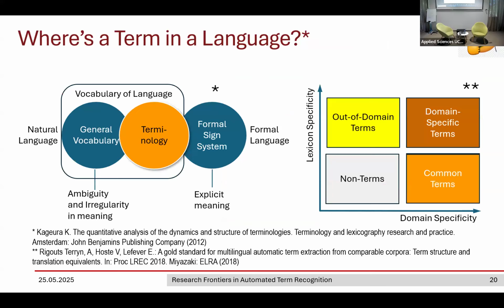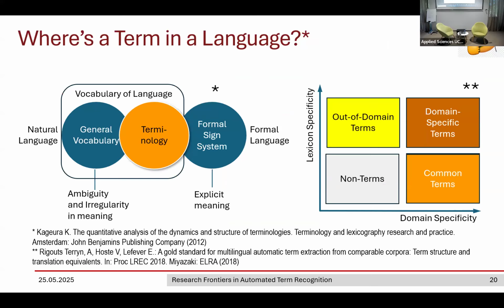So now one more good question is about where is a term in a proto-language? Well, it's clear that a term is a part of a language. Question is, where is it? What part of a language is occupied by terminologies? This is a citation from the quantitative analysis of the dynamics and structure of terminologies.